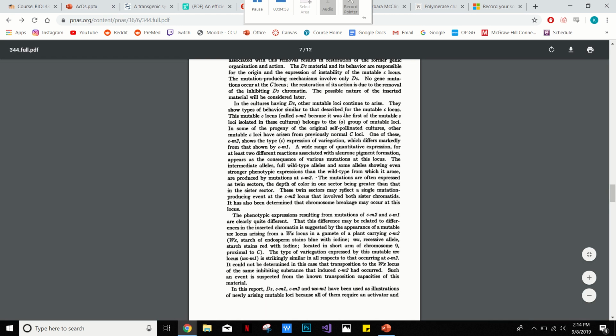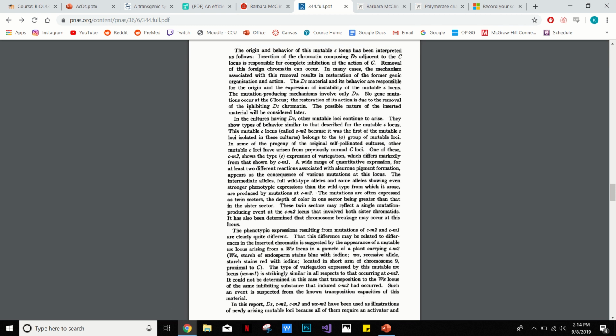And then lastly, in the paragraph right after this, she goes on to say that there are many mutable loci in the genome of maize, and that there are many different ways you can create knockouts like this. Having a Ds move into a different mutable locus will then knock out a different gene.